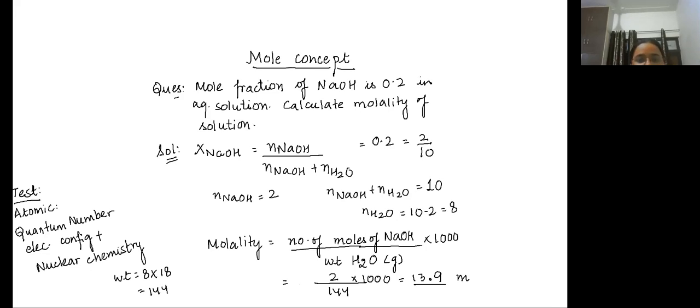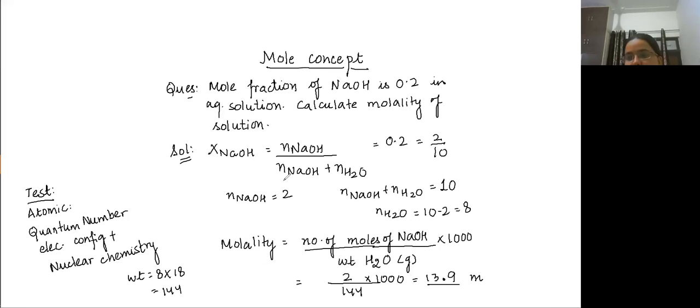Now the next heading is mixing of solution. Mixing of solution or dilution means same only. So this is just linked to molarity.